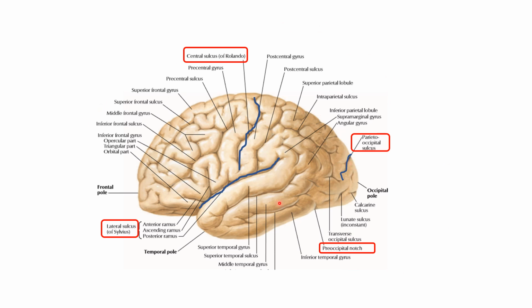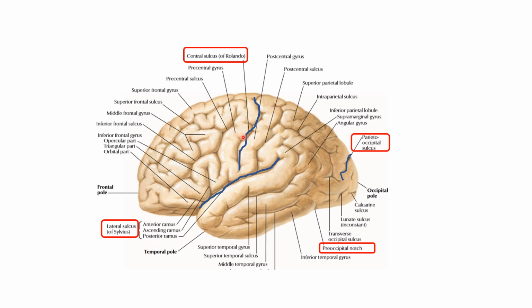Before going on to the lobes, first let me discuss how these lobes are named. They are named according to the bones present in that area. This is the frontal pole or anterior pole, this is the occipital pole, and this is the temporal pole of the brain, corresponding to the different lobes.